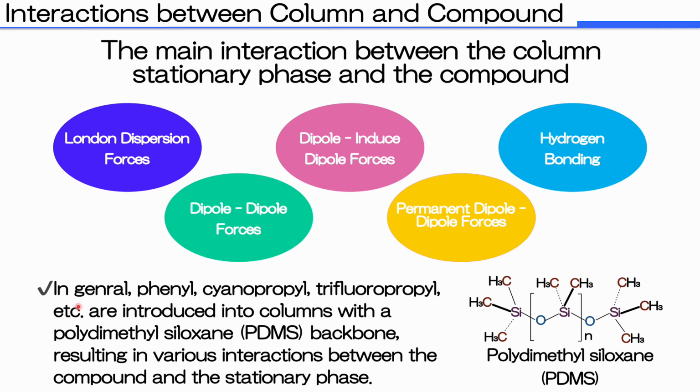In general, phenyl, cyanopropyl, trifluoropropyl, etc. are introduced into columns with a polydimethylsiloxane backbone, which will result in various interactions between the compound and the stationary phase. And these different interactions between the stationary phase and compounds make the compound separation characteristic.